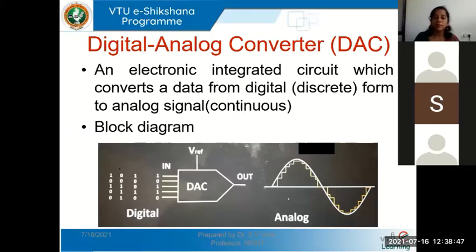Please remember, in the diagram below, we have data in digital or binary form, 101, 01, 000, 110. So I have digital data which is represented as a binary number. When I connect this digital data as input to this DAC, and I also connect a DC reference source VREF, then I will be getting an analog output like this.